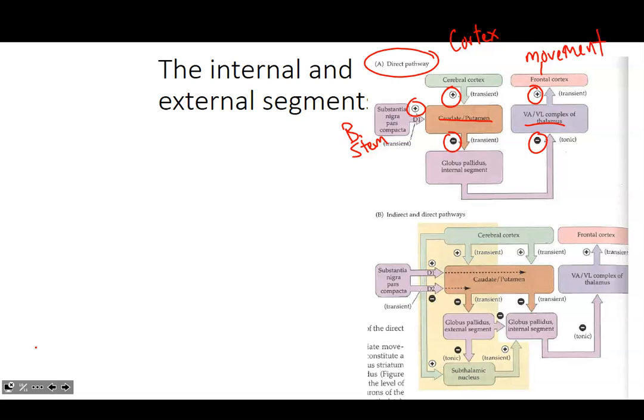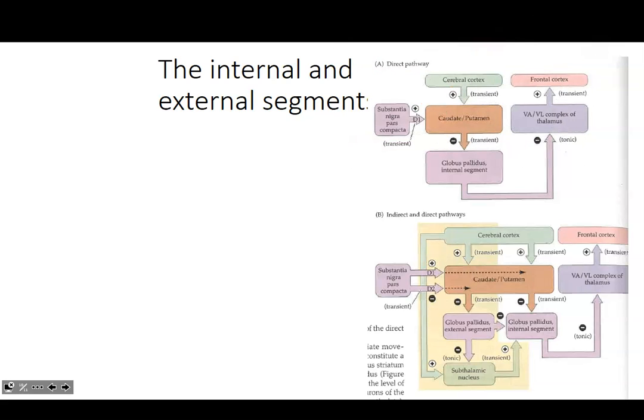But we have to talk about a second circuit, the indirect circuit, which plays a supporting role. So there's an additional circuit that makes up the indirect pathway, which helps to raise the level of tonic inhibition mediated by the globus pallidus internal segment here. Okay. So maybe we should note that.